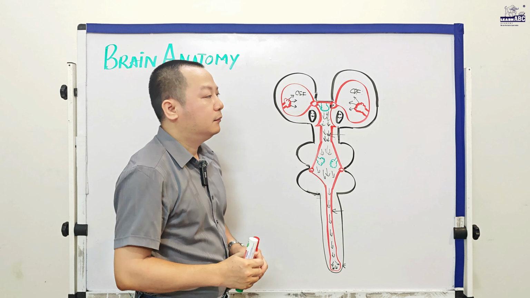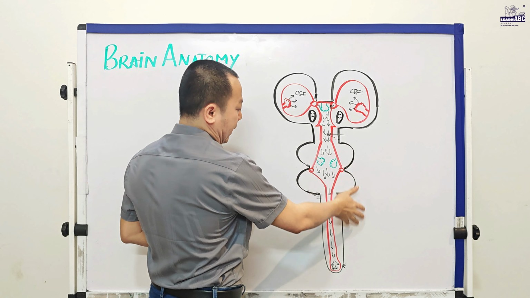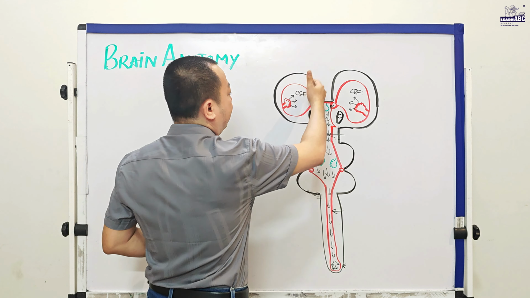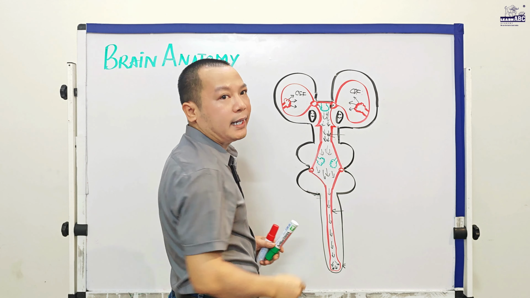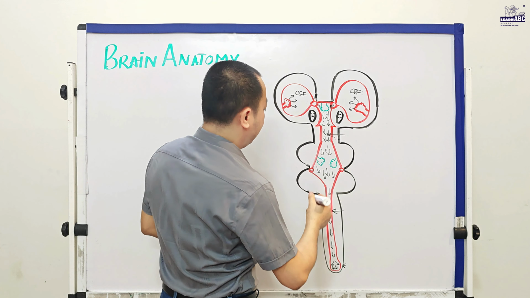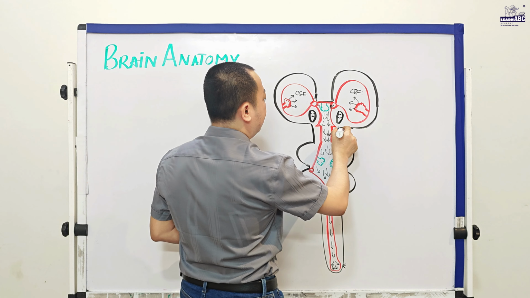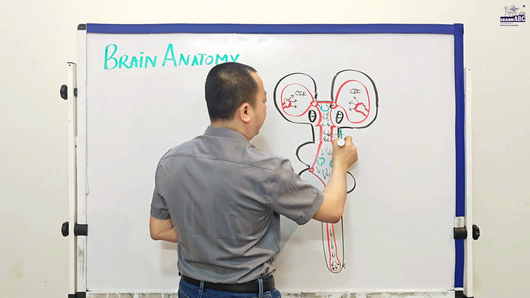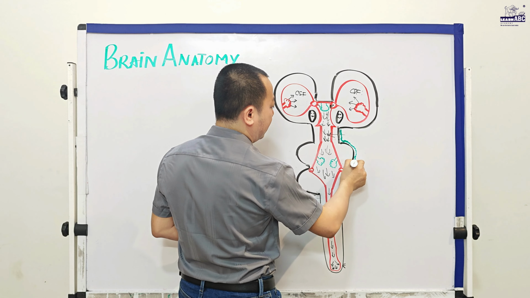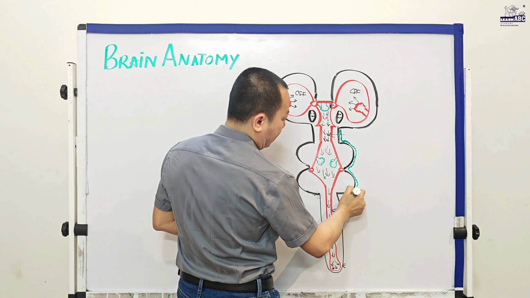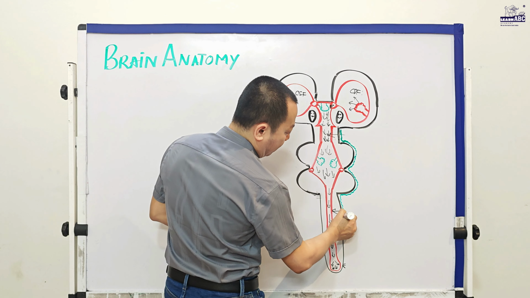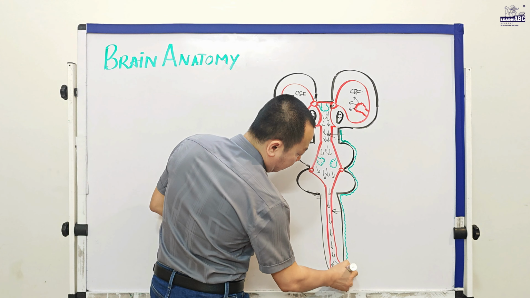As you know, outside the central nervous system, it is covered by the meninges. There are three layers covering the central nervous system. We call them meningeal layers.